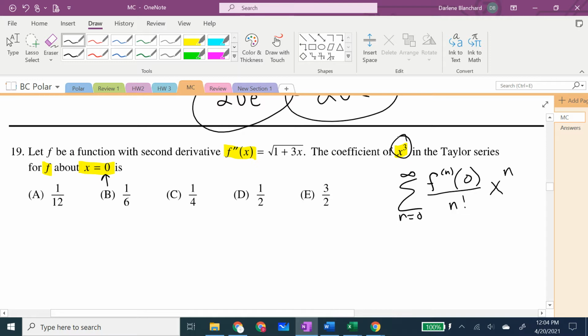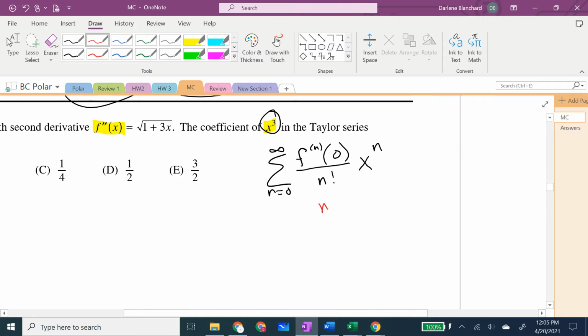We want the coefficient of x cubed. When I look at n equals 3, this is going to turn into the third derivative at 0 over 3 factorial times x cubed, and I want the coefficient of x cubed.